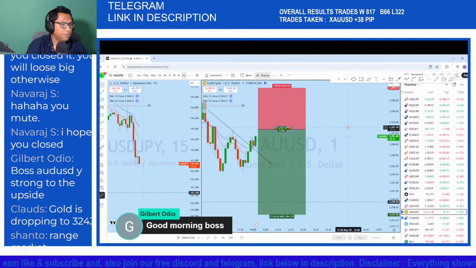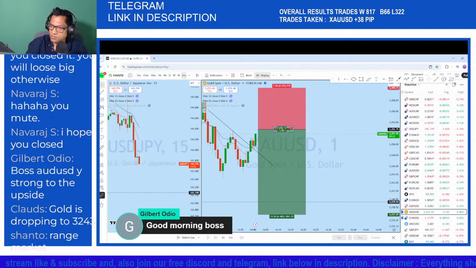Okay, it's bouncing back up. So entry at the same spot on XAUUSD. Sell limit still didn't trigger.